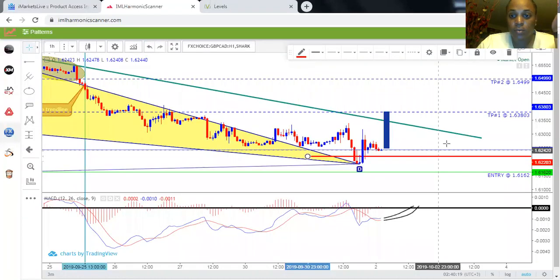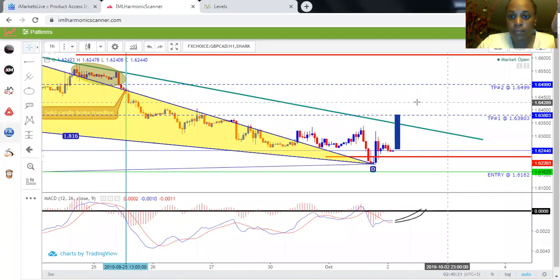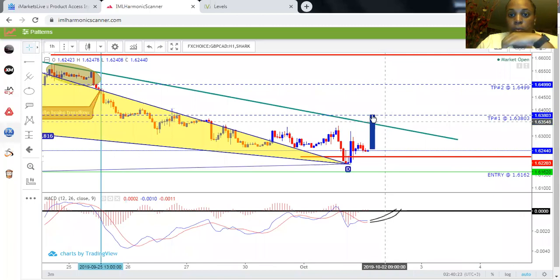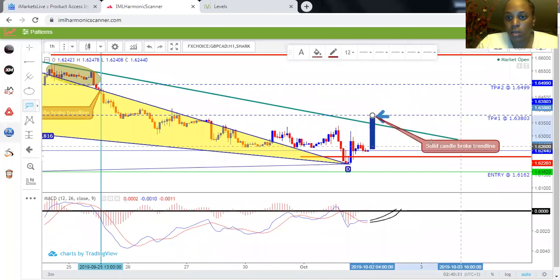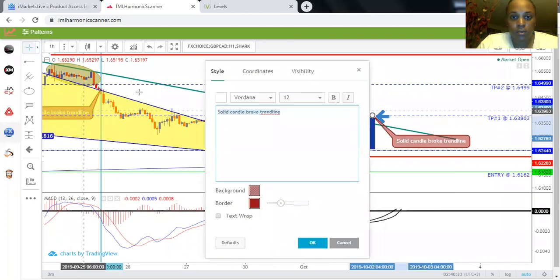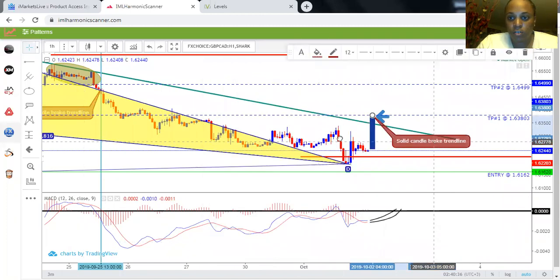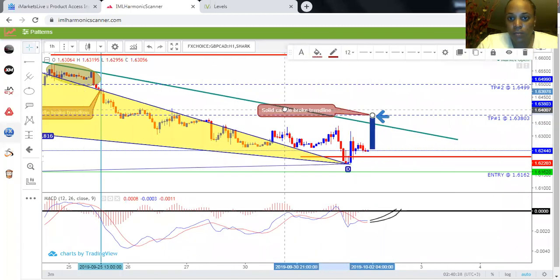This helps you. So we will be entering the trade here. I'm going to place the notes so that you can have it. There we go. Let me change it the other way. Let's put that there.